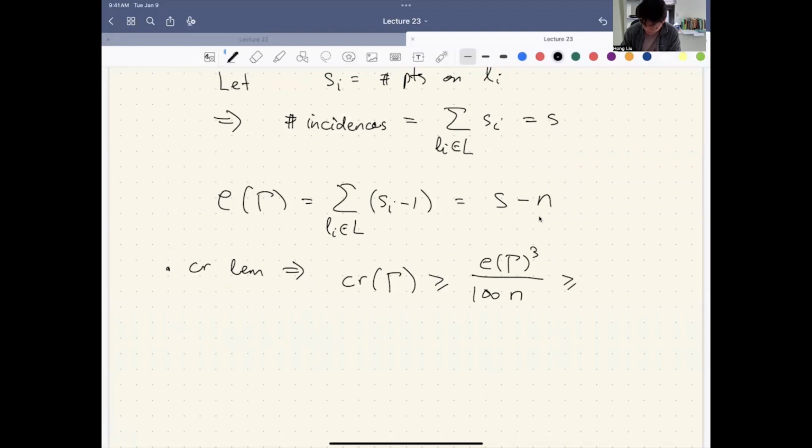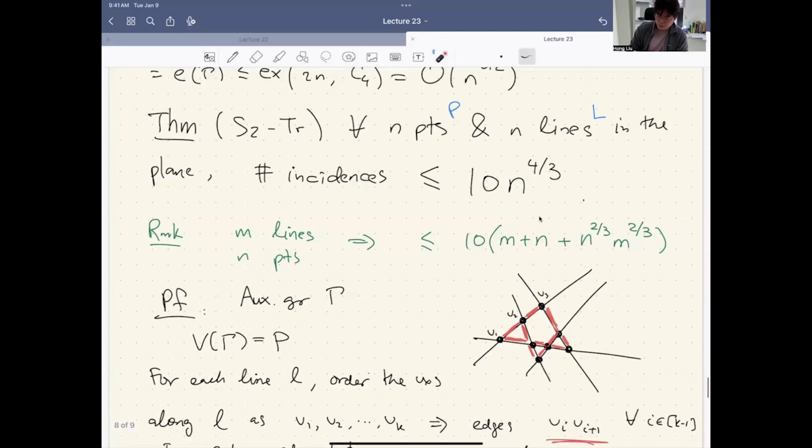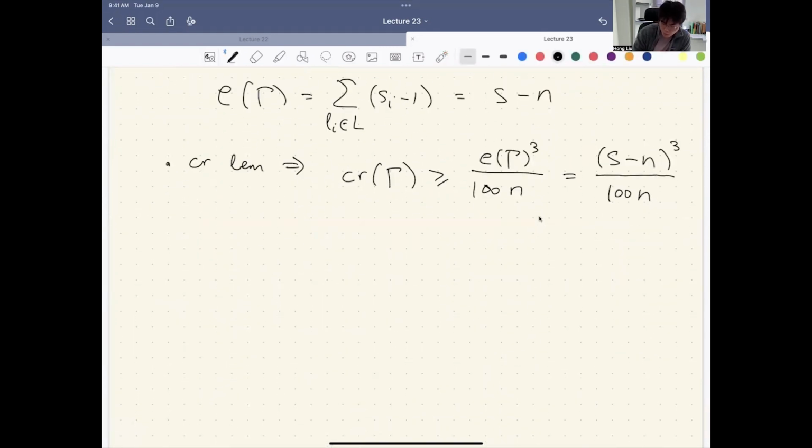So this is at least (S minus n) cubed over 100n. We may assume S is at least 2n, otherwise we are done.